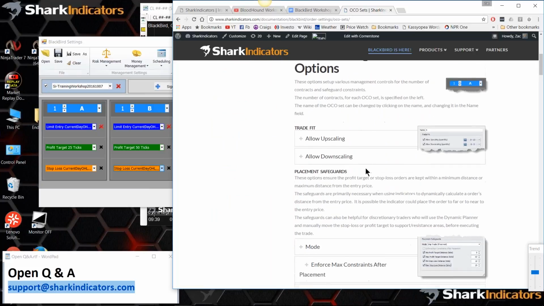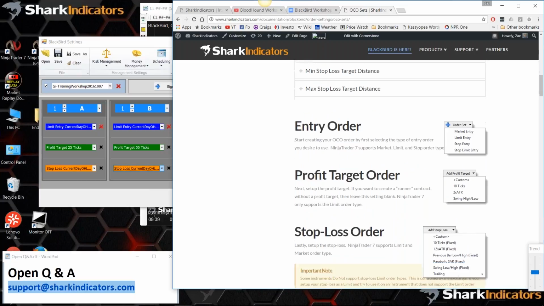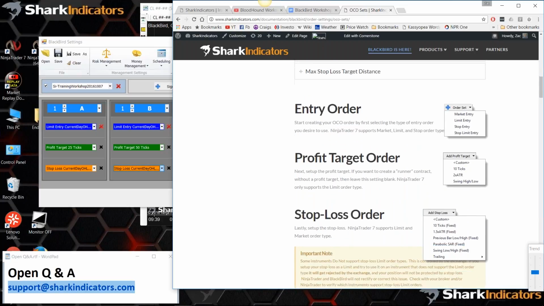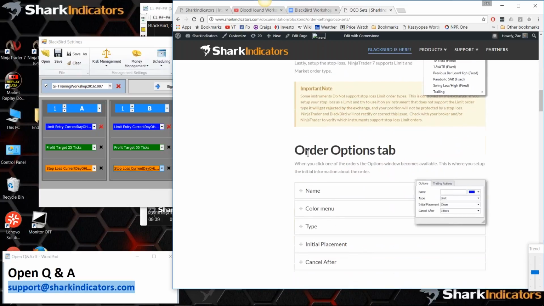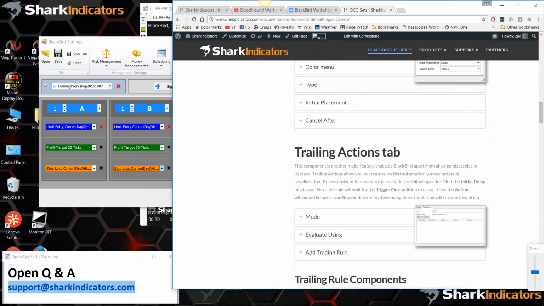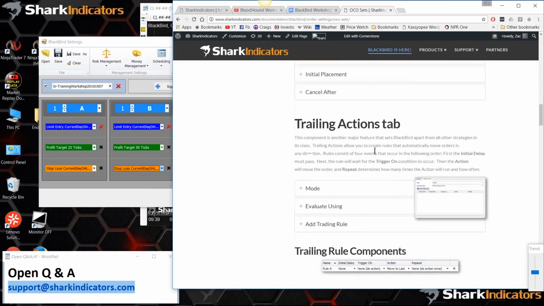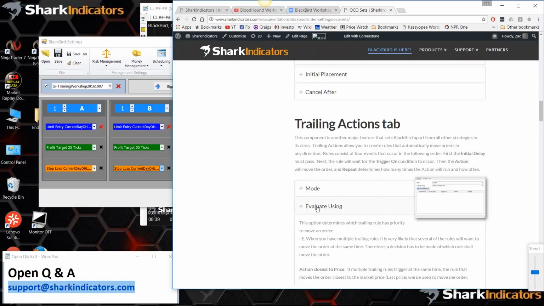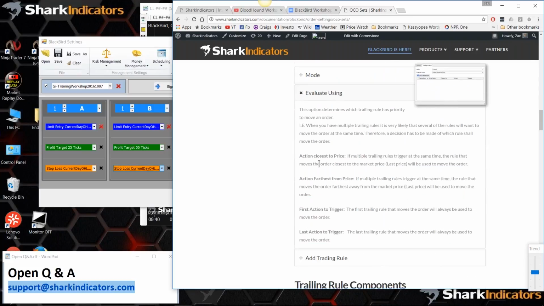Order entry, stop loss orders. Okay, the order option tab. We're working in the trailing action tab. So here we go, trailing action tab, and there we go, evaluate using. We can open that up, and there's a description of each of the evaluate using options there.